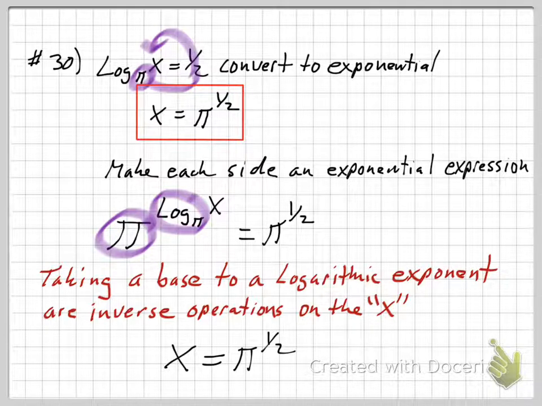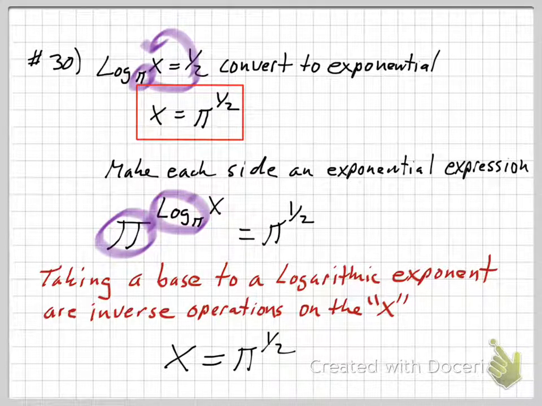Again, I'm doing an inverse operation. Instead of taking the logarithm of an exponential, I'm taking an exponential and raising it to a logarithm. They're still inverses. They still cancel each other out. I still get the same answer as the little pigtail method, but I'm using the algebraic properties of logarithms to do it.